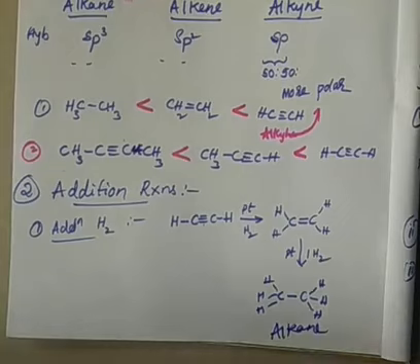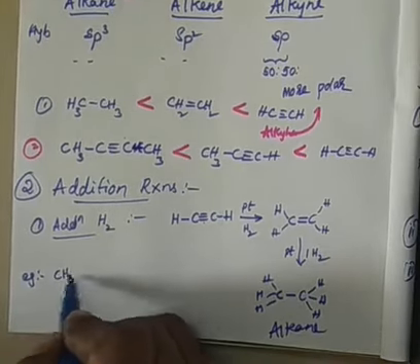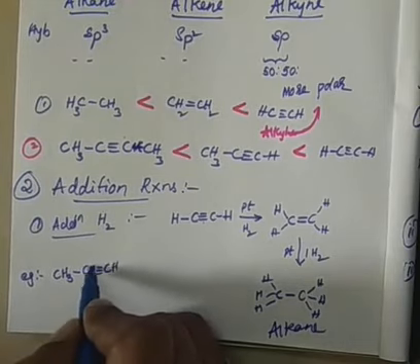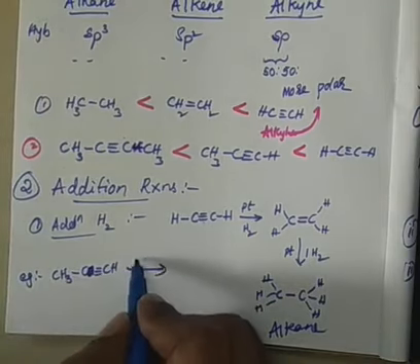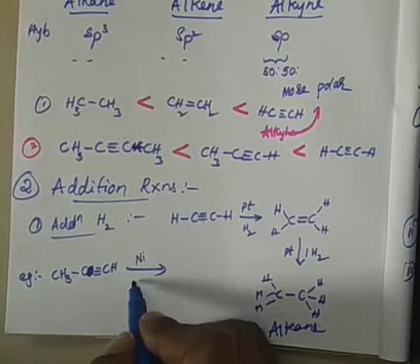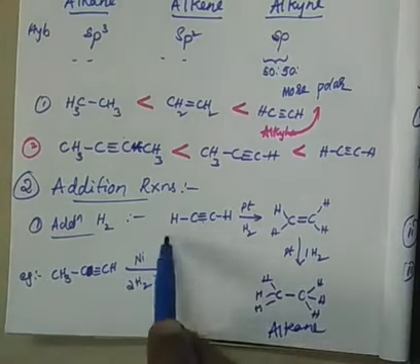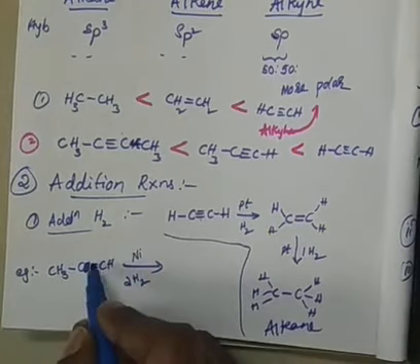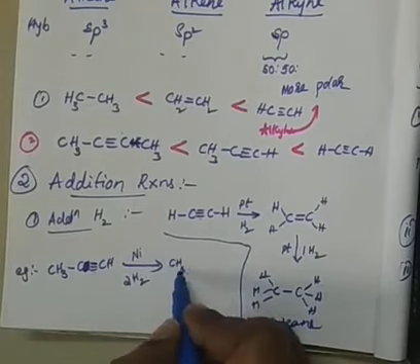Here, I am giving you one example, propyne, on reaction with 2 molecules of H2 in the presence of nickel catalyst. Then what would be your product? Tell me. Directly remove these 2 bonds and write saturated single bonds.